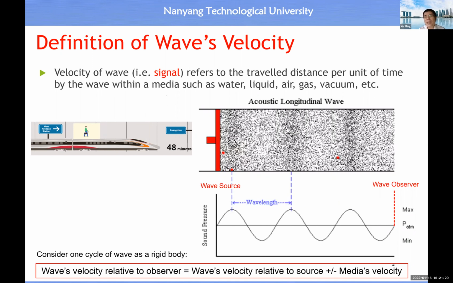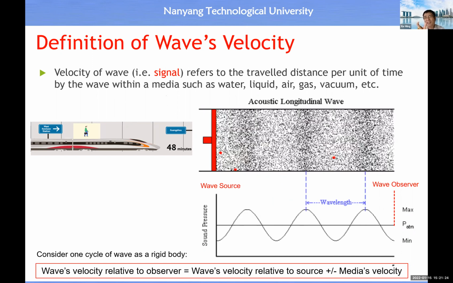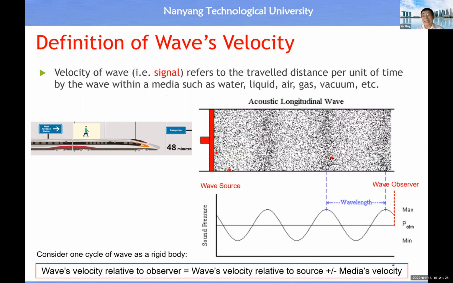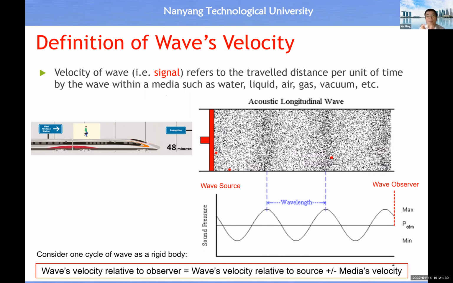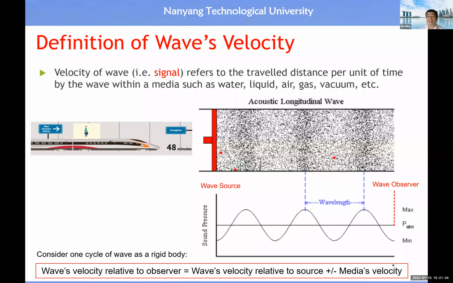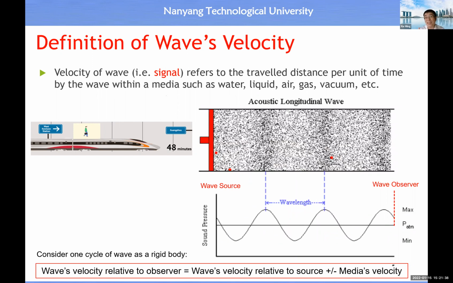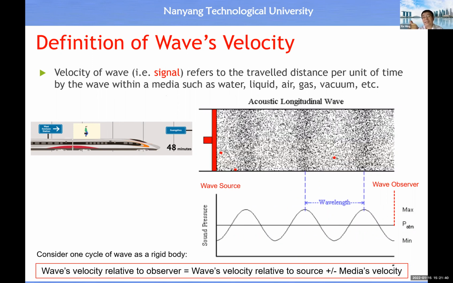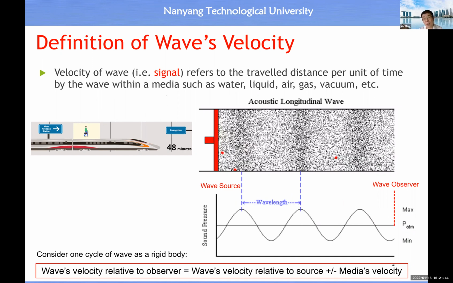The only tricky part is to consider one cycle as a rigid body. For this cycle, you move from the source to reach the wave observer. So we have the wave's velocity plus the medium's velocity, and the sum is equal to the wave's velocity relative to the observer.